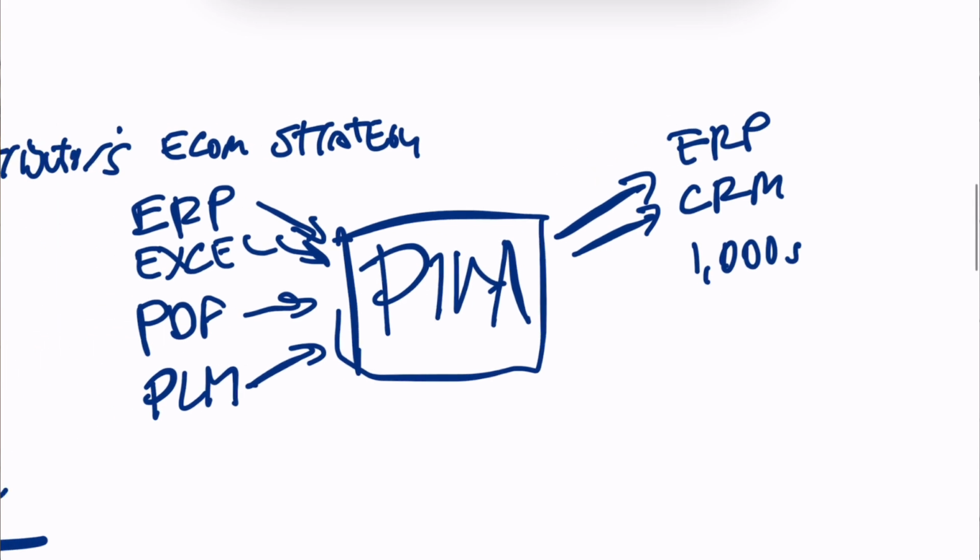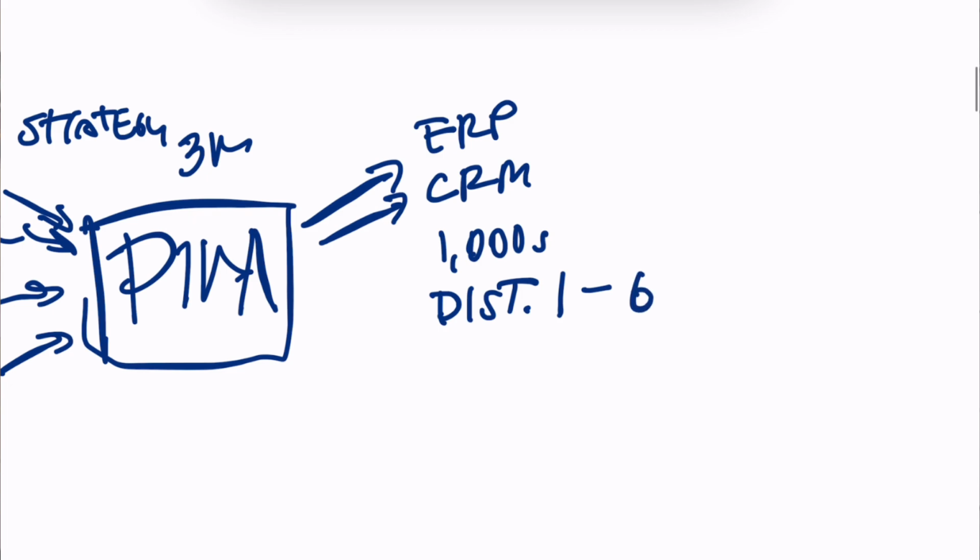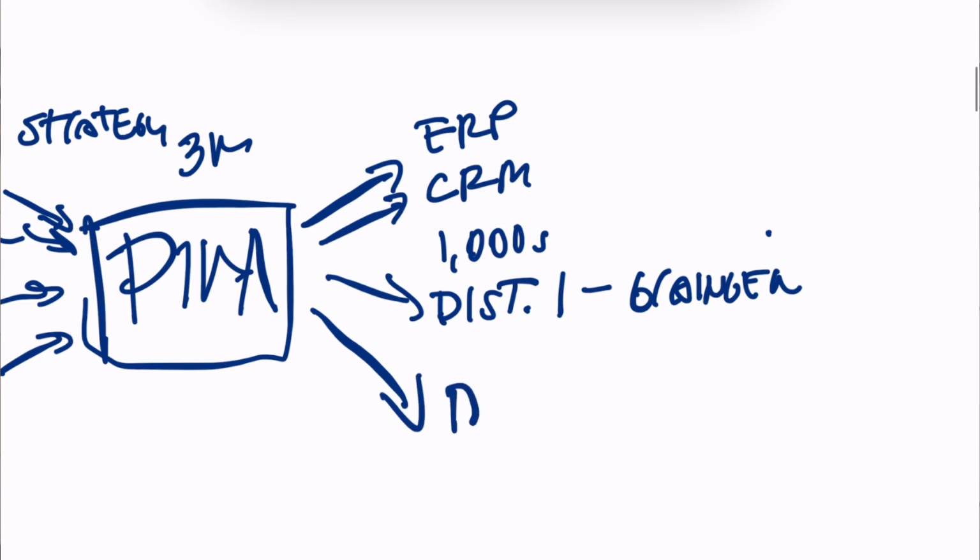So if this is 3M, they want to get their data out to distributor 1, which is Grainger. And then distributor 2, which is McKesson.